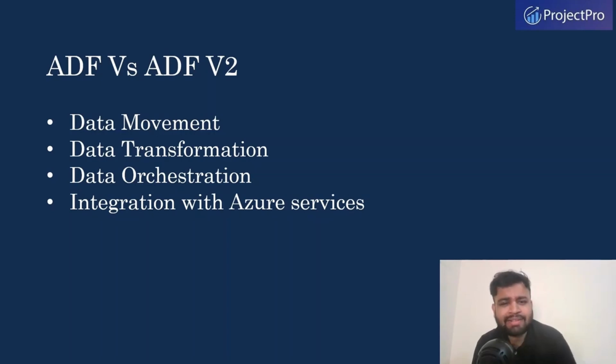But now let's discuss Azure Data Factory version 2, and we will see how it has major enhancements in all four of these categories. The first one is improved scalability.